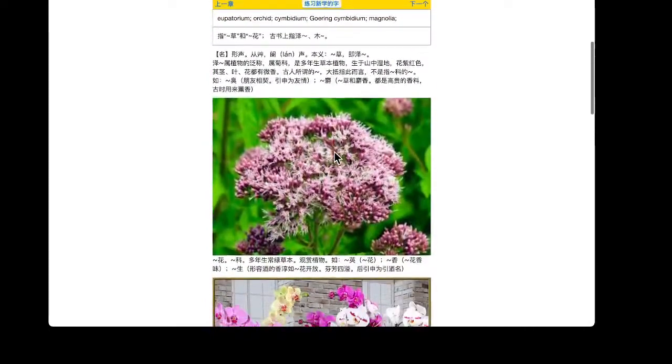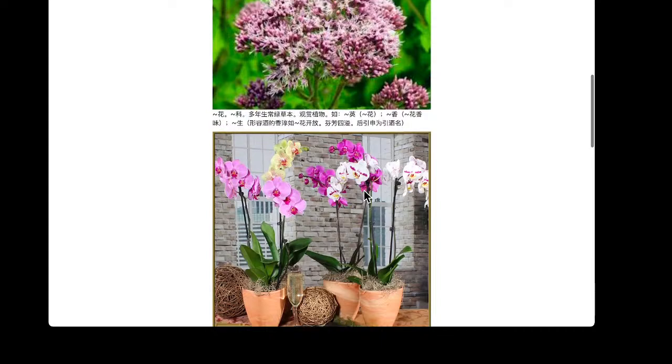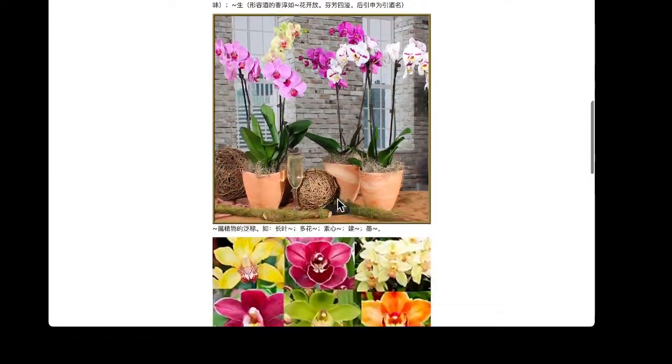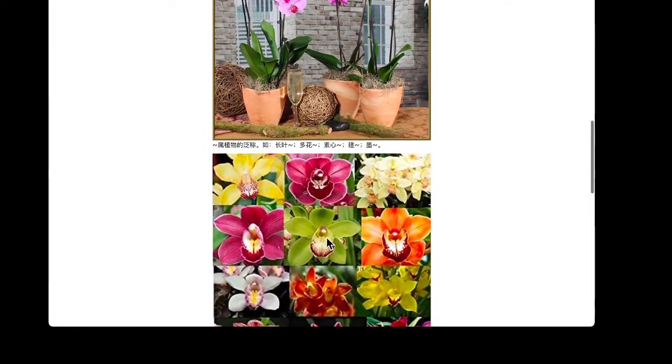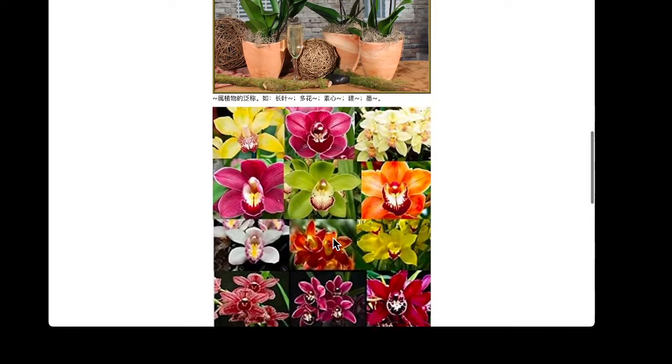So in Chinese, this type of thing is called 泽兰. Okay, 泽兰. And then this type of thing is called 兰花. 兰花. And then this kind of thing is called 剑兰, 墨兰, 长叶兰.